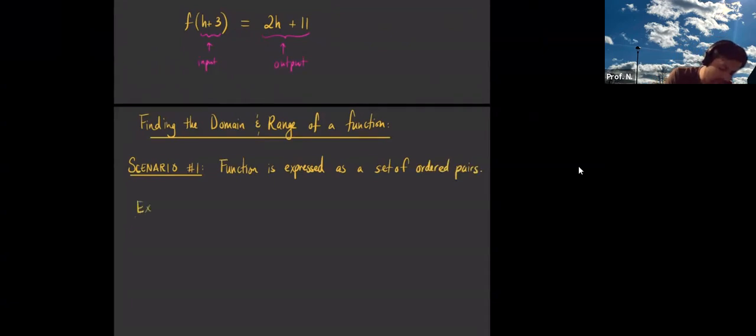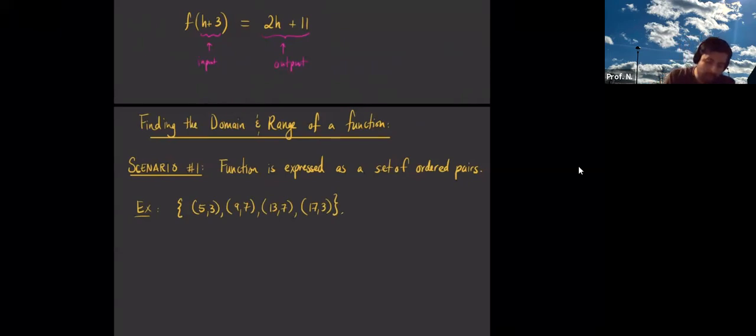So I'll give you an example of that. What happens if I have the set 5 comma 3, 9 comma 7, 13 comma 7, 17 comma 3. Okay, so remember, we can express a function as a set of ordered pairs, x comma y coordinates.